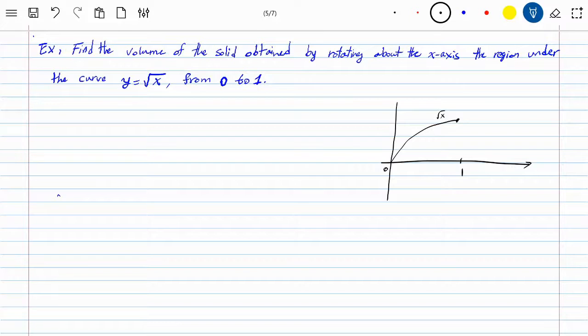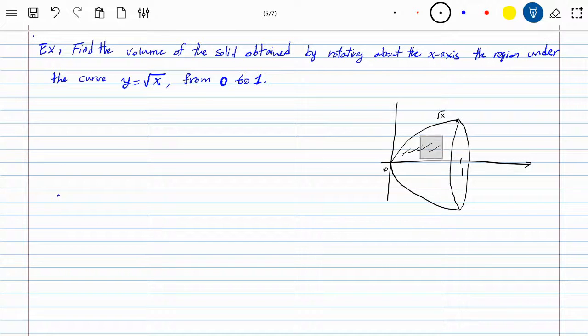They say rotate this about the x-axis, and what you get is this kind of cone shape. They say find the volume by rotation.